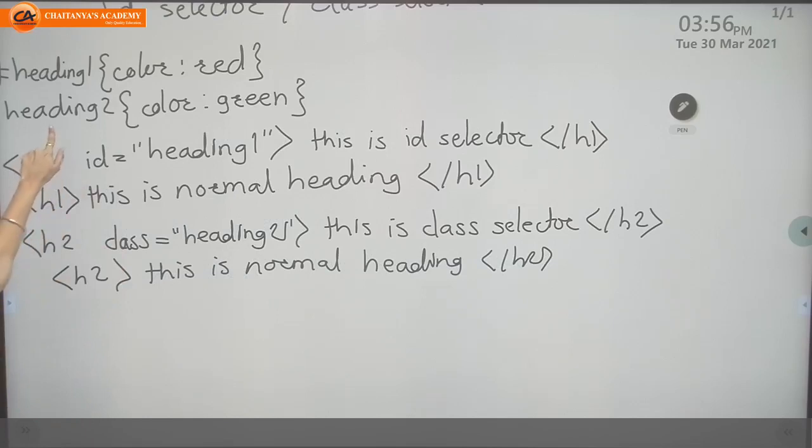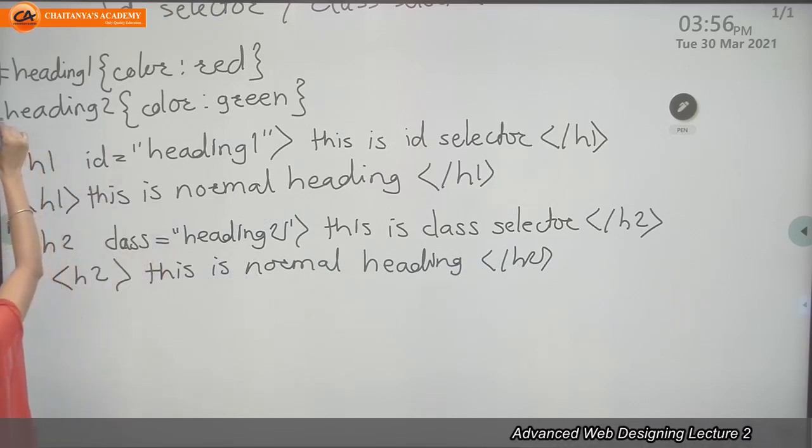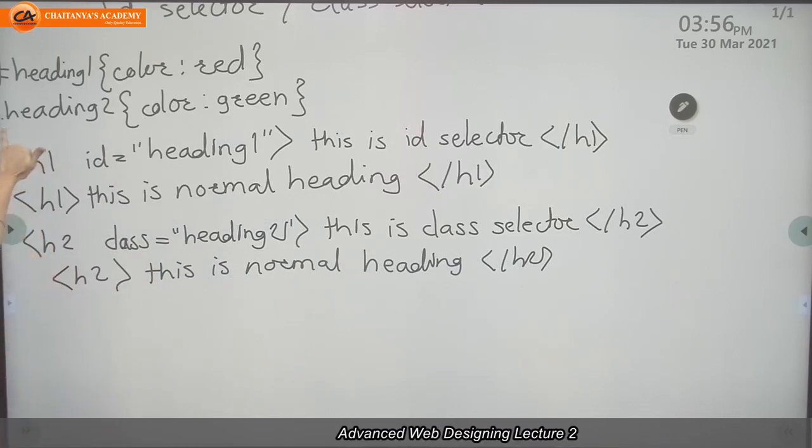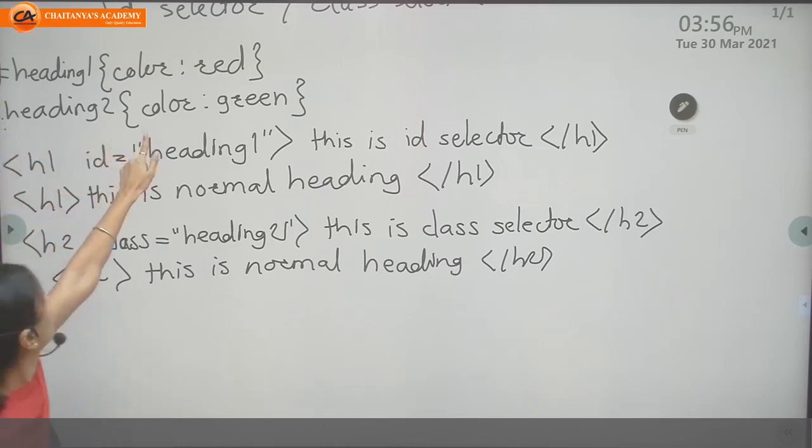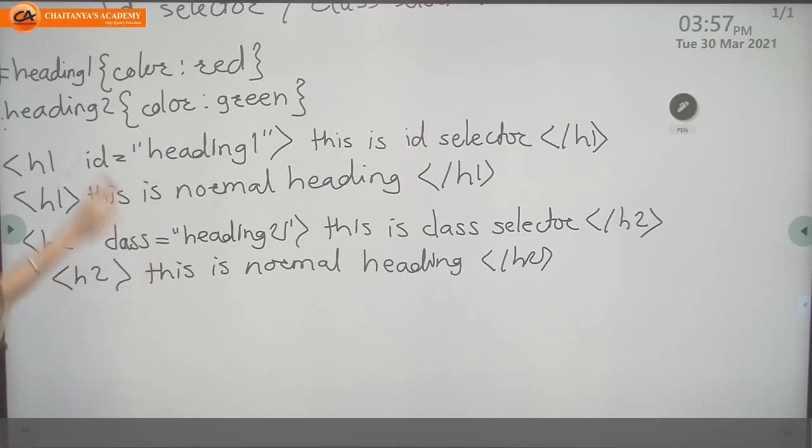I called here this selector, which I wrote here with dot. What we call it as period. This is hash symbol, this is period symbol, heading 2 color green. And whenever I want to call this selector, I need to use class attribute.